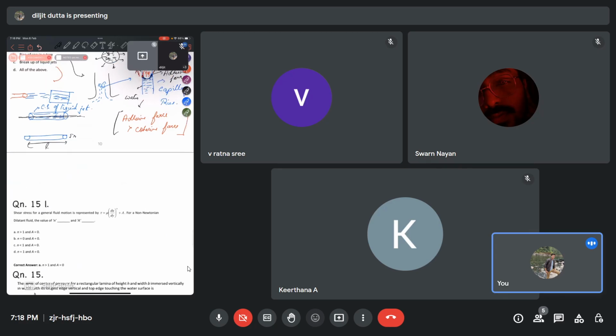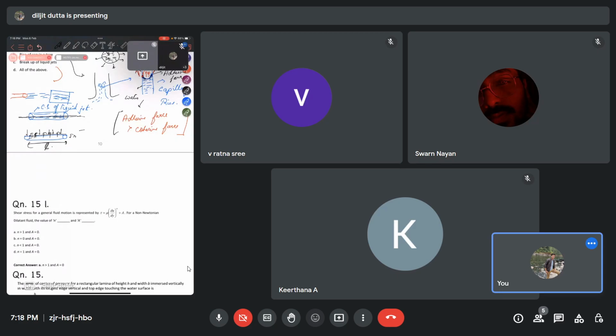So if we have a length L, there will be surface tension on this plane, and the surface tension will be balanced by the pressure force acting on the plane.